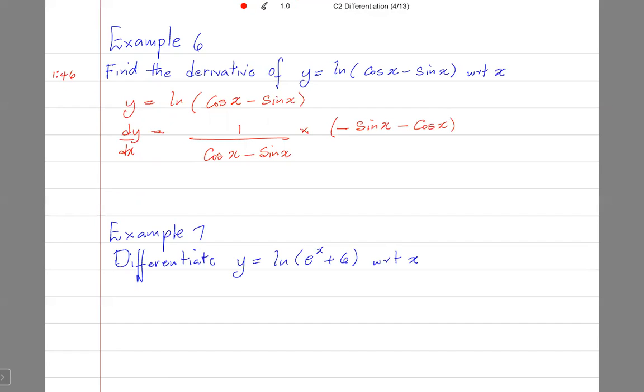If I want, I could just factor out that negative and say the answer is minus sine x plus cos x over cos x minus sine x. Any trouble? Any issues? No problem? No, sir.